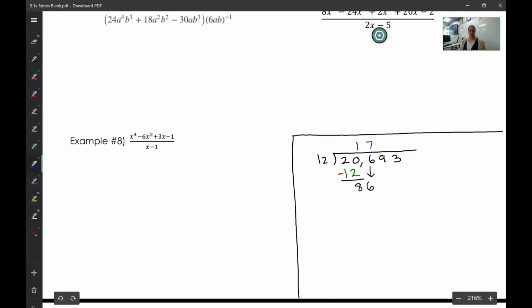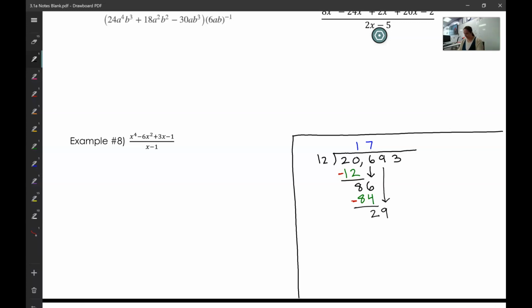Well, 7. 12 times 7, so we multiply it in, gives me 84. Then we subtract, 86 minus 84 is 2. Bring down your next one. Do it all over again.